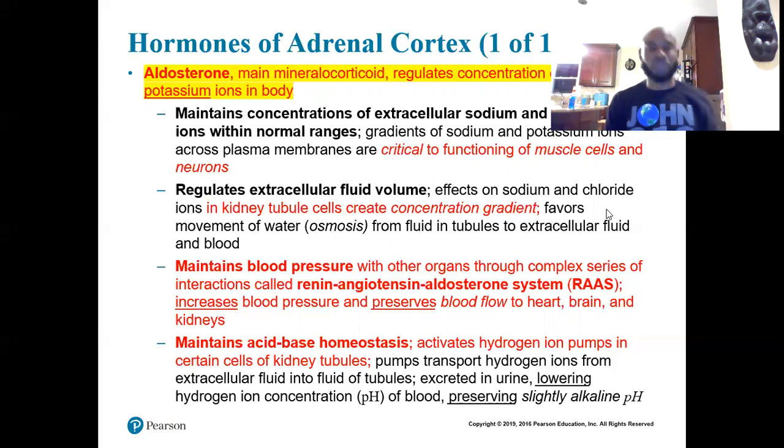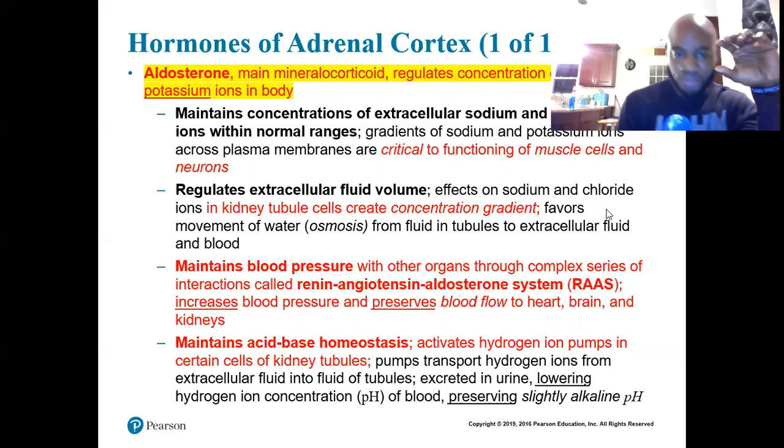Okay. Also regulates extracellular fluid volume. Extracellular means the fluid outside the cell, right? Because that fluid volume is going to affect your sodium and chloride ions, specifically really affect your sodium ions.